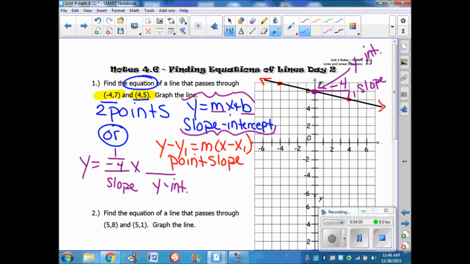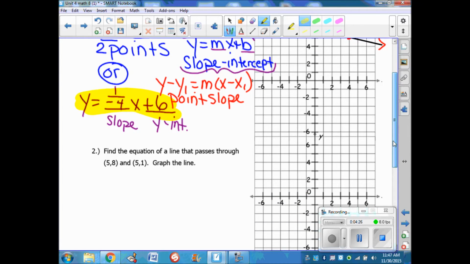You can put it on the top, the bottom, or you can put it out to the side. It doesn't matter. It makes the whole fraction negative. And now, what was our y-intercept? Our y-intercept was 6. And it was a positive 6. So I've written my equation. Done. Okay, came up with that equation. The use of that graph is a big help.